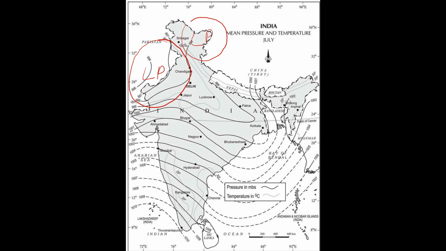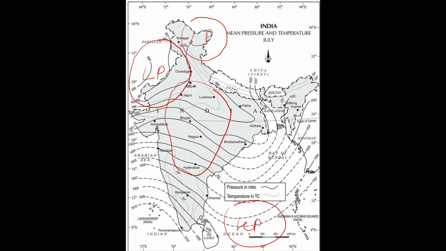And we see comparatively higher pressures are getting developed in the entire subcontinent. The lighter colored lines are denoting temperature, and we see that temperature is very high because the central part of the country is experiencing extreme continental type of climate.